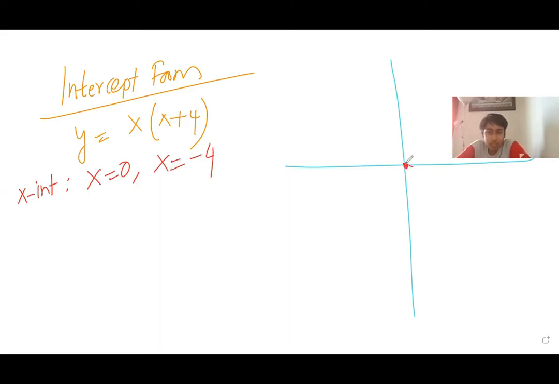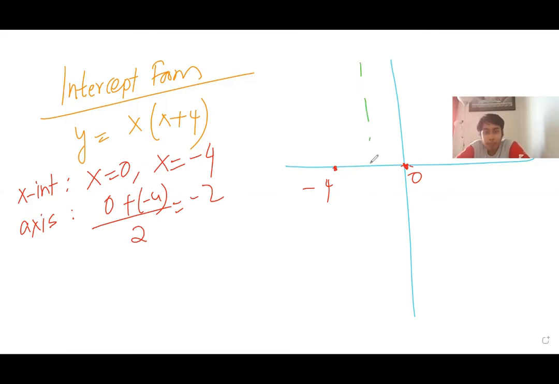So there are two x-intercepts, one at 0 and one at -4. And then what I'll do is I'll locate my axis of symmetry, which is r plus s divided by 2, which is just -2 in this case. So we have the axis of symmetry at x equals -2.